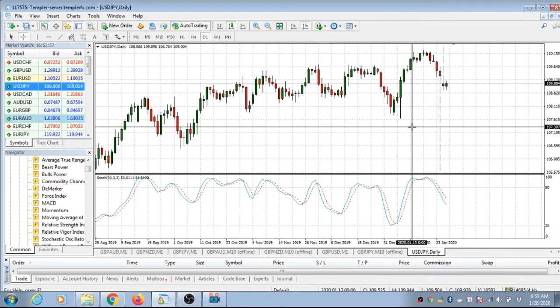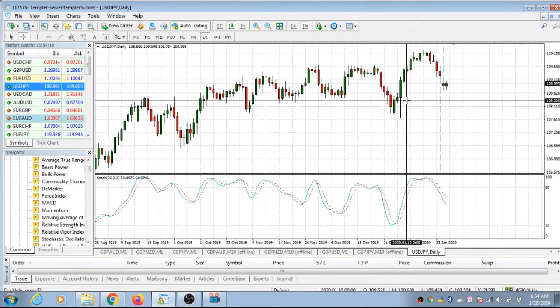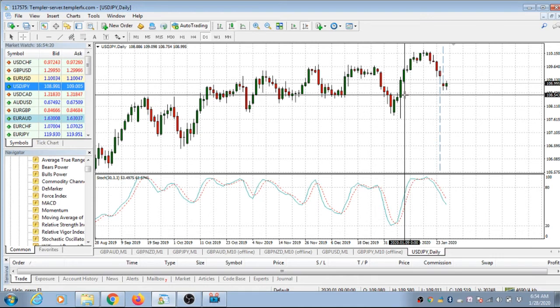And the other thing is that at that time, most of the indicators I was using tended to be repainting indicators.